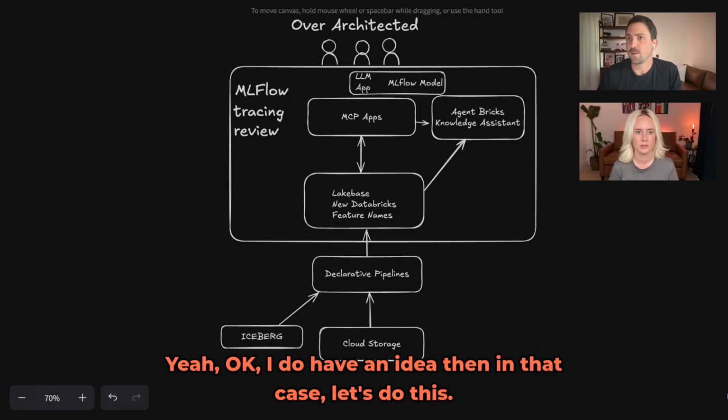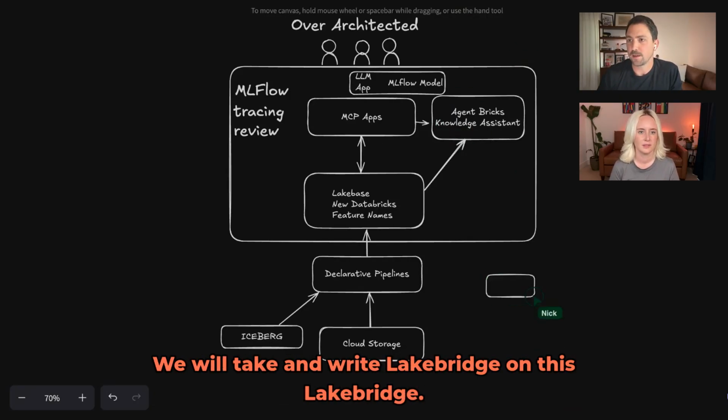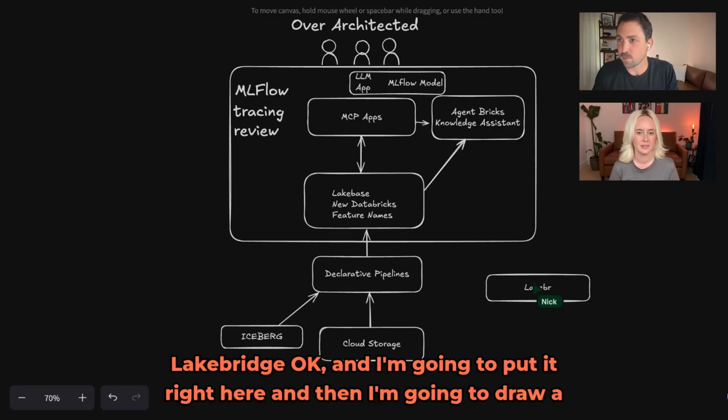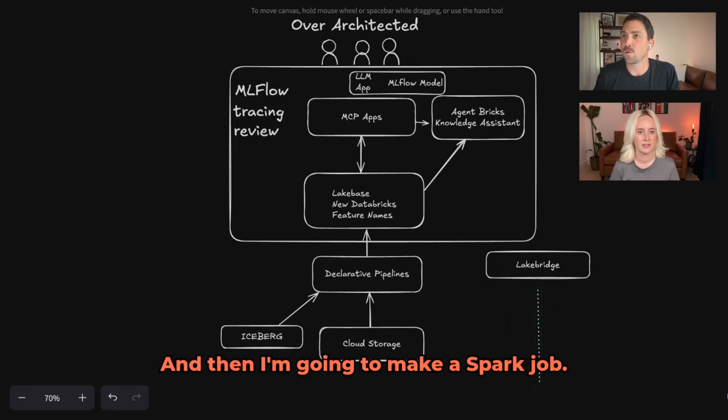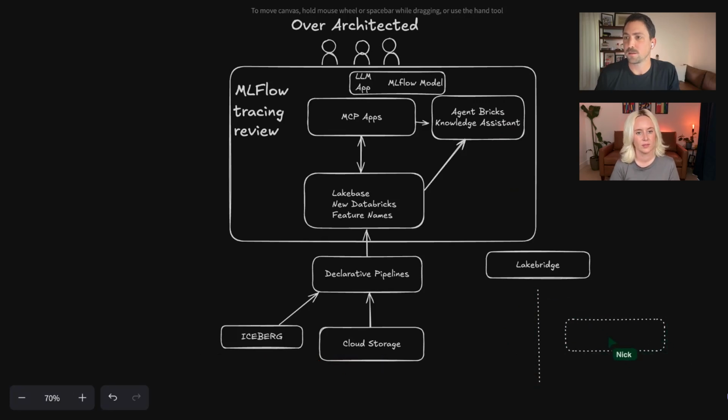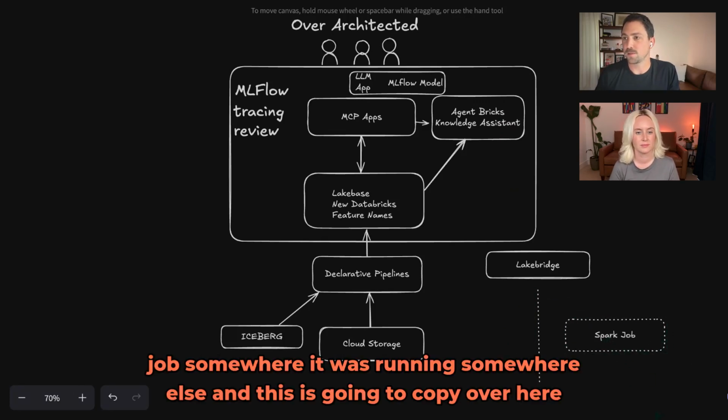In that case, let's do this. We will write Lakebridge on this square. Lakebridge. And I'm going to put it right here. Then I'm going to draw a dashed line here, and make a Spark job somewhere. It was running somewhere else.